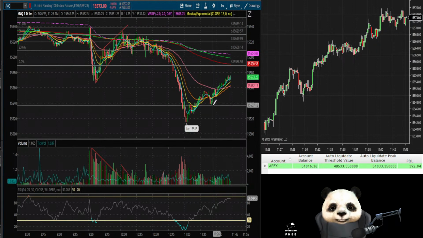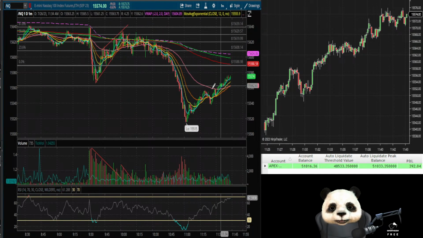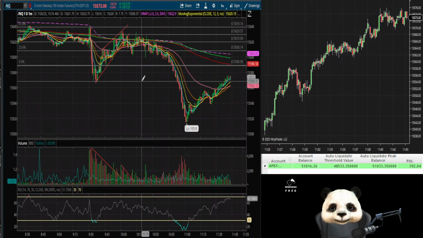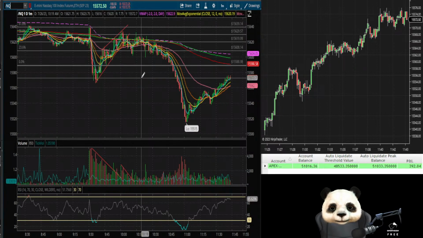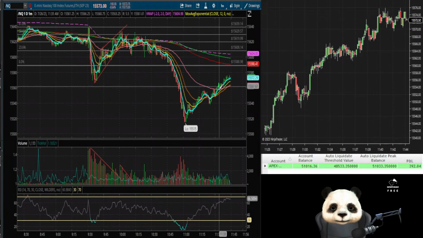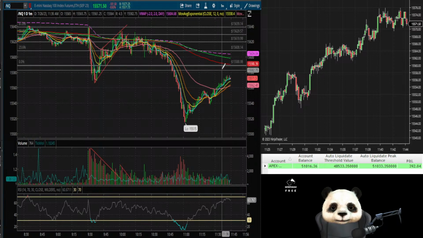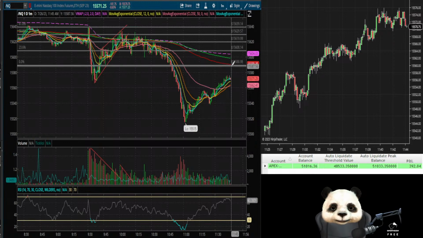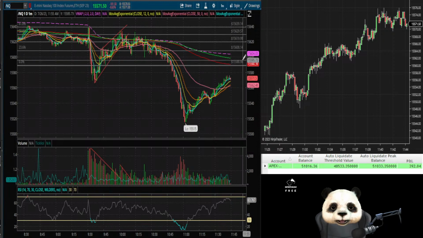Held through on this dip, adjusted my stop to right below this dip, and then I like that we're back above these exponential moving averages, and I ended up taking some profit right around at this low, just in case this previous low support turned into resistance here. So I took profit about here, and then I do have a pretty decent amount of confidence that we could see more upside back up to here. But that's for the rest of the day to determine.